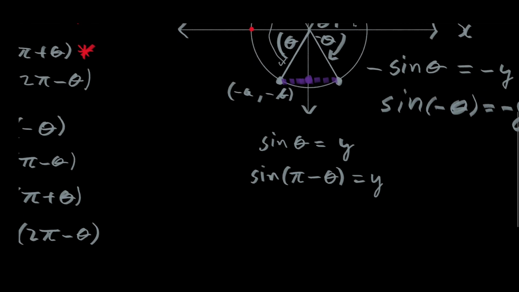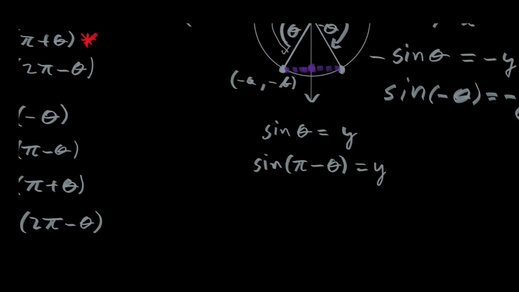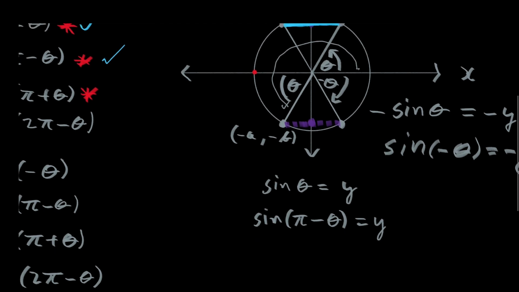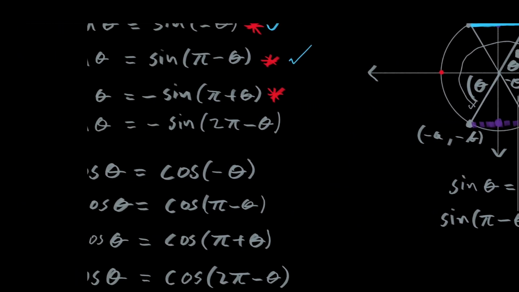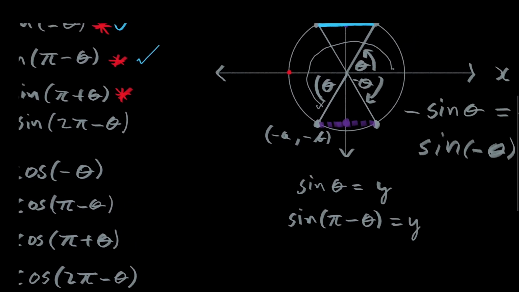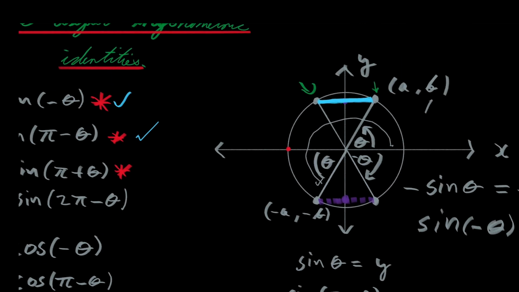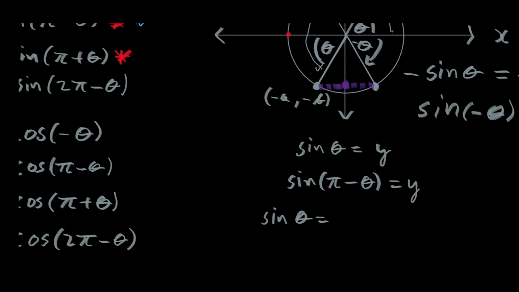Okay, we can see that the sine of theta is going to equal this here, because that's theta, which is just b, all right?